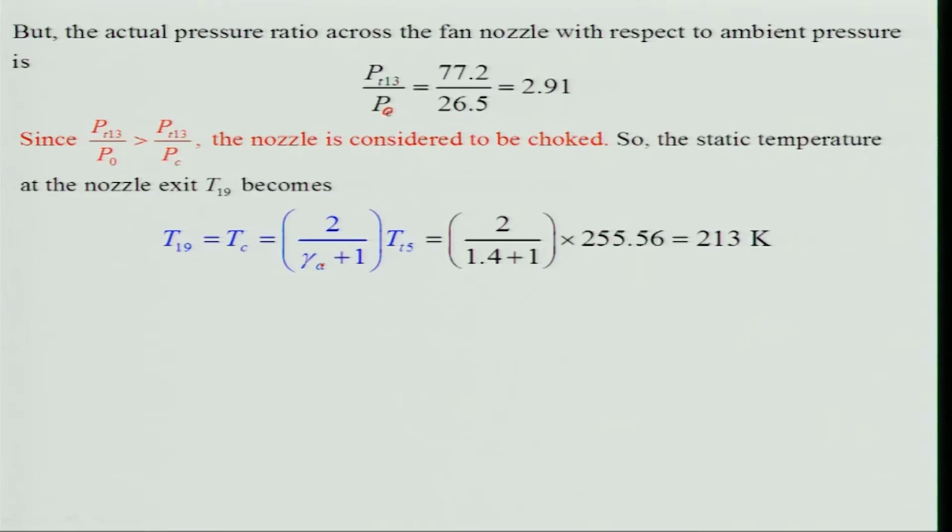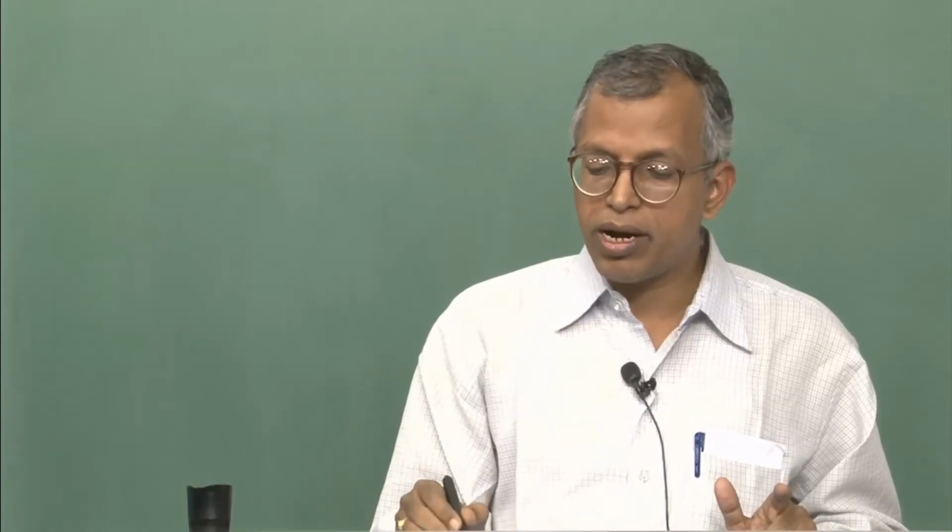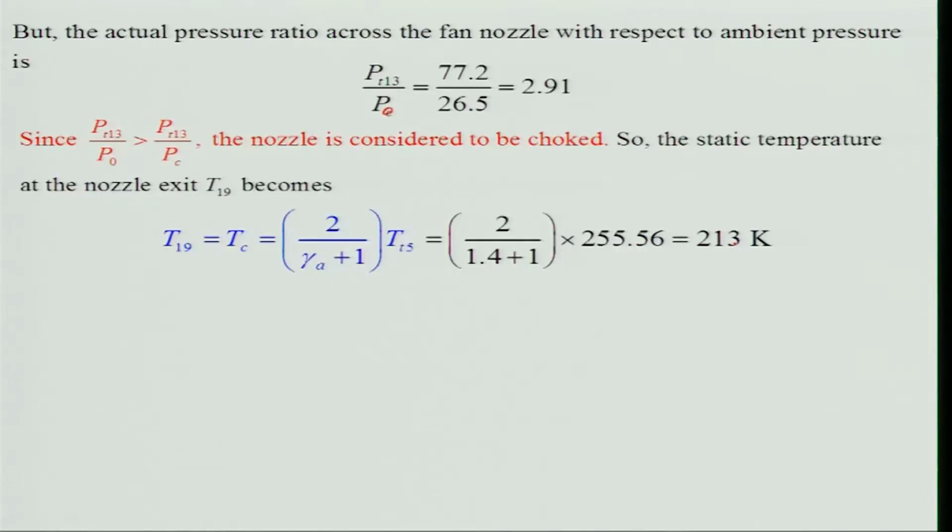So, that correction has to be made, and then you will get 2 divided by 1.4 plus 1 times 255.56, that is 213 Kelvin. You got my point there.